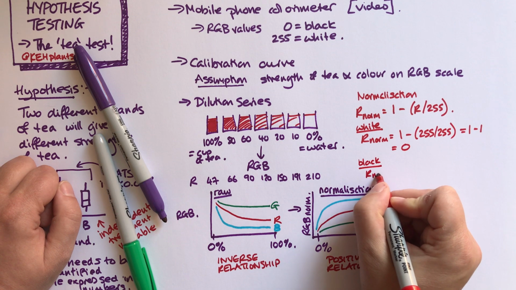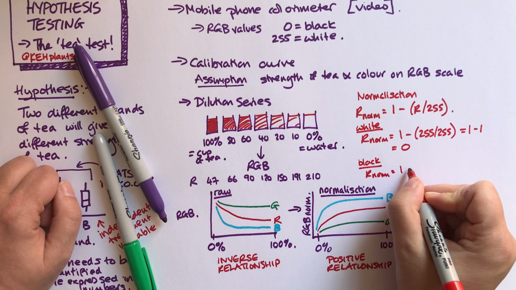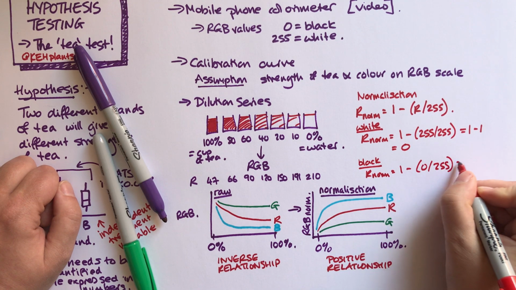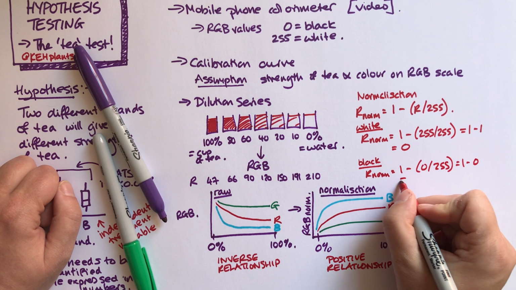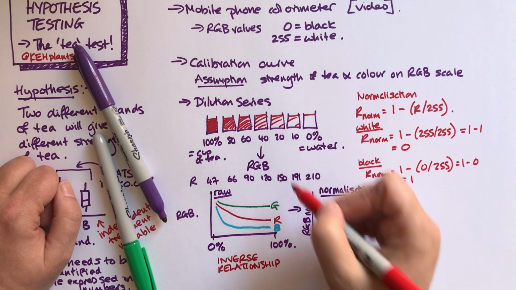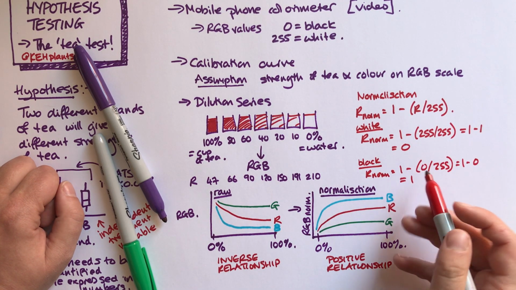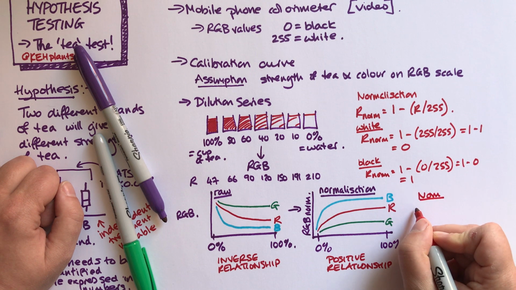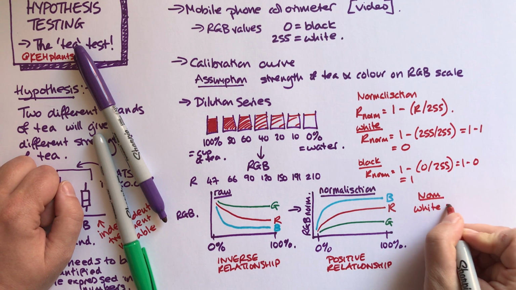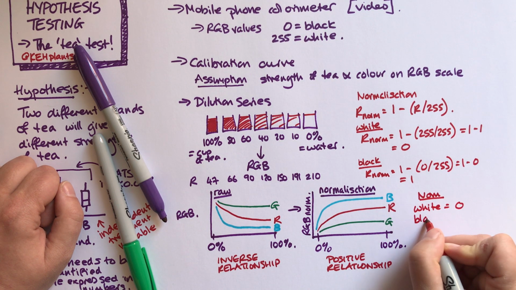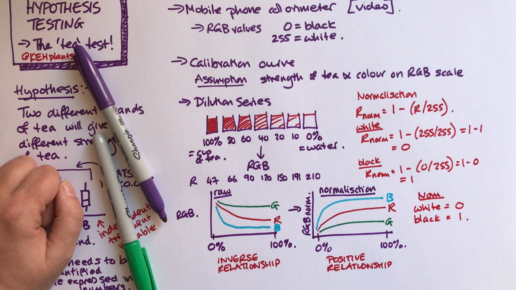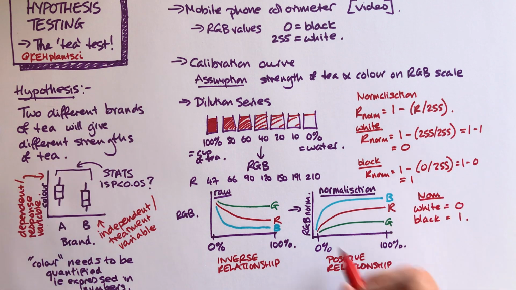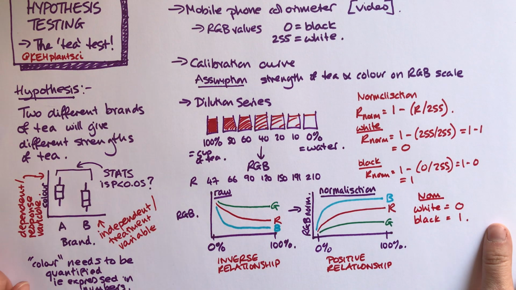Okay, so our norm equals 1 minus 0 over 255. That's 1 minus 0 equals 1. So I've flipped the scale so that on the normalised scale, white equals 0, black equals 1, and therefore all my experimental values will be somewhere between 0 and 1. So that's going to be much more easy to work with.